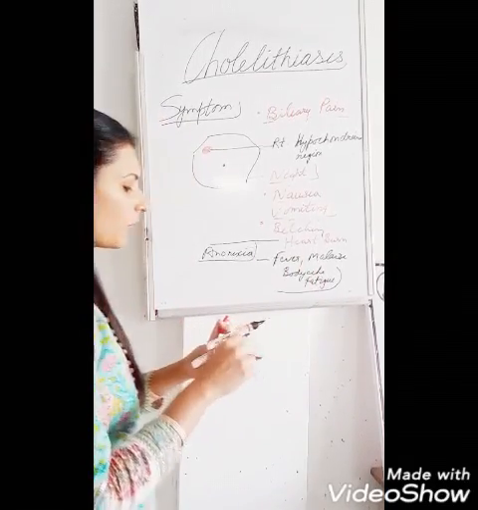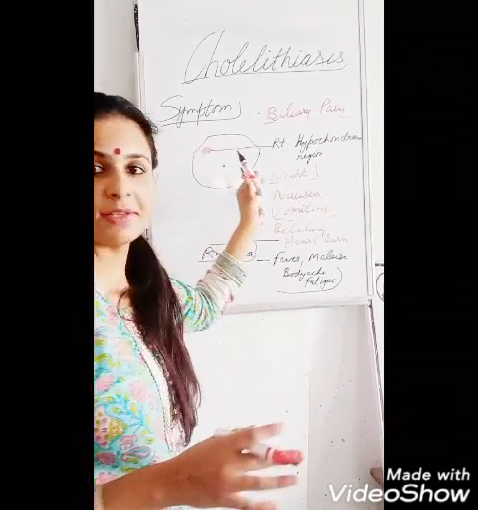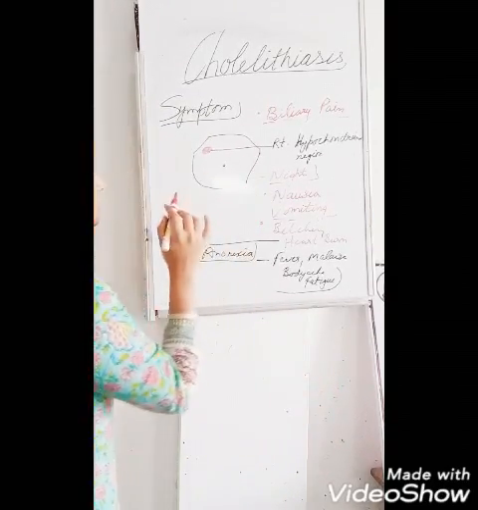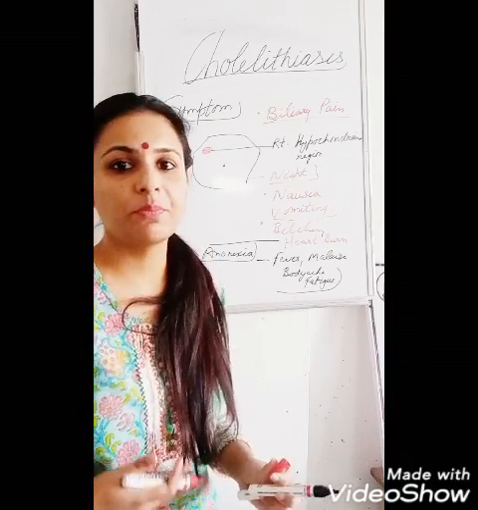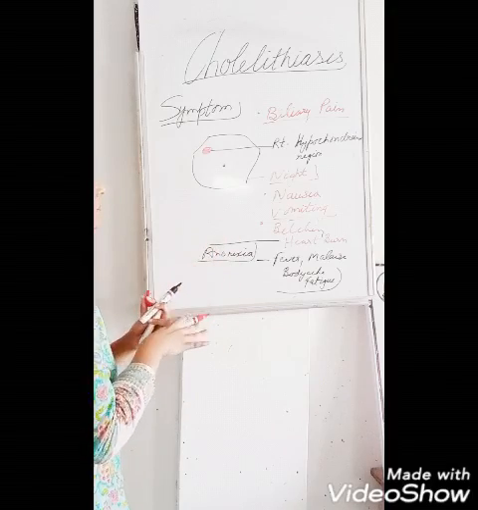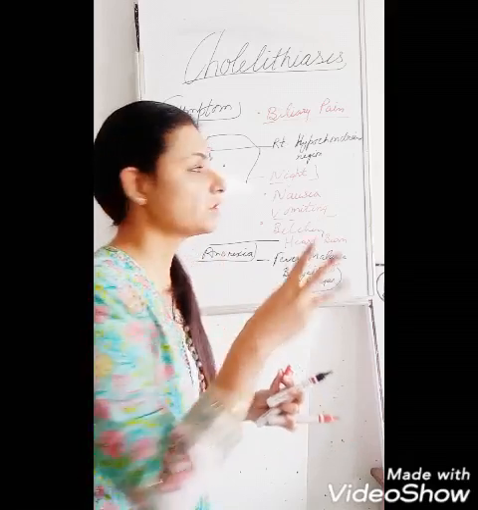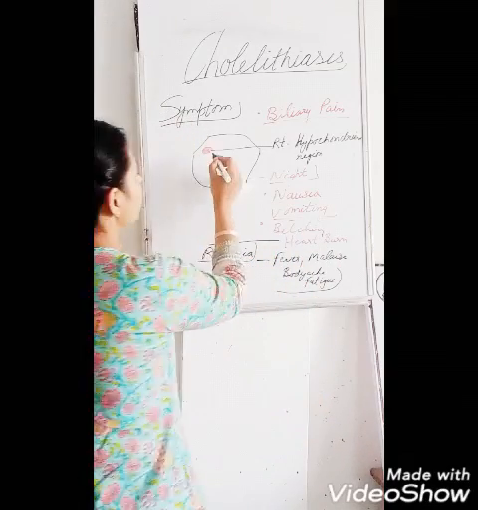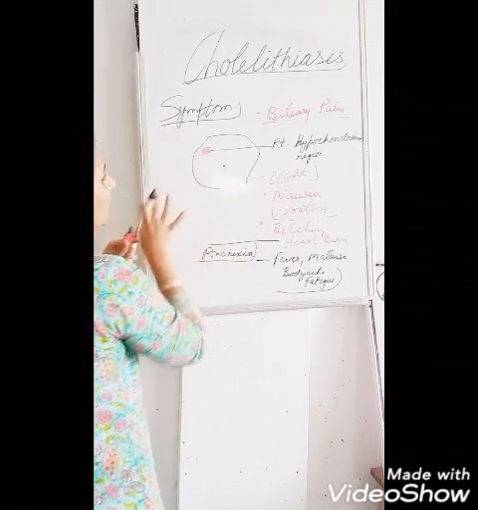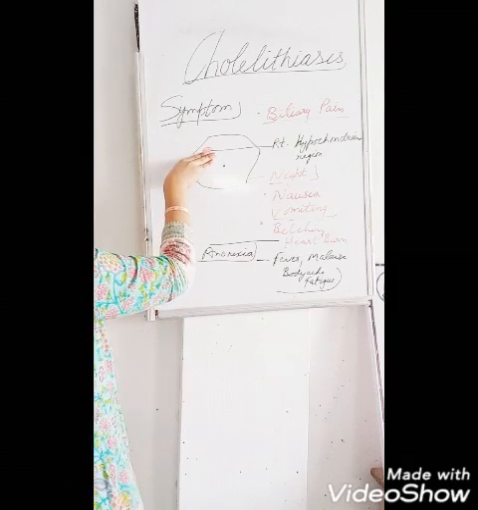Now, a very important sign to get confirmation that the patient is having cholelithiasis, that is gallstones. Just ask the patient to take a deep breath, deep inspiration. During that period, just apply pressure with your 3 fingers on the abdomen, on the right hypochondric region.